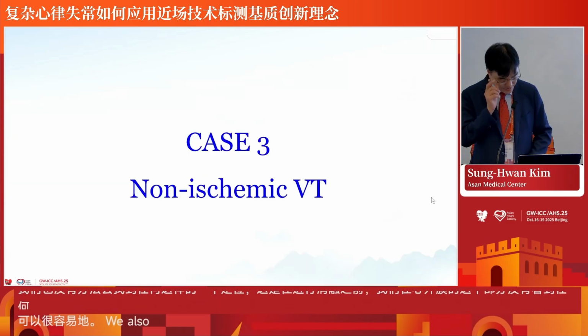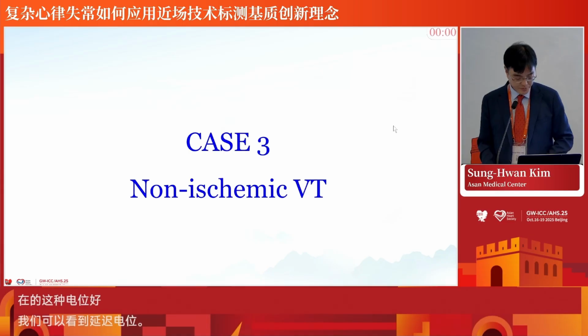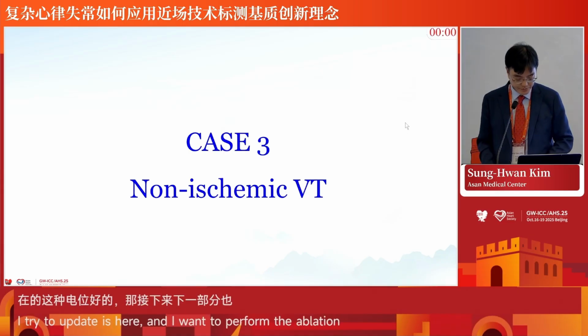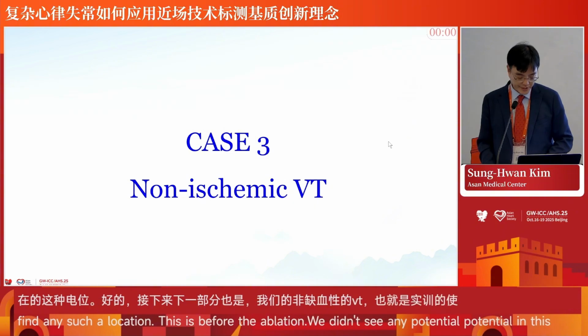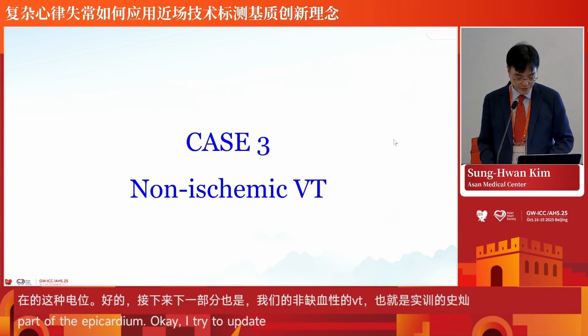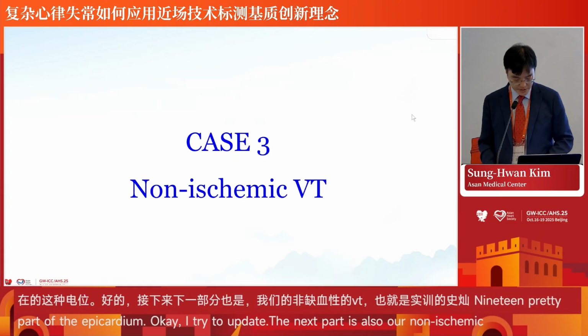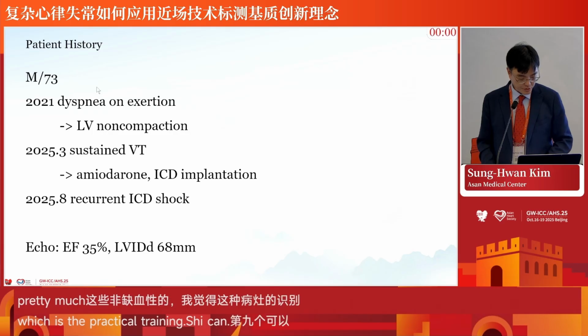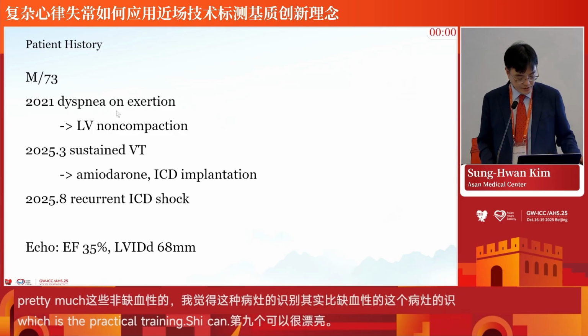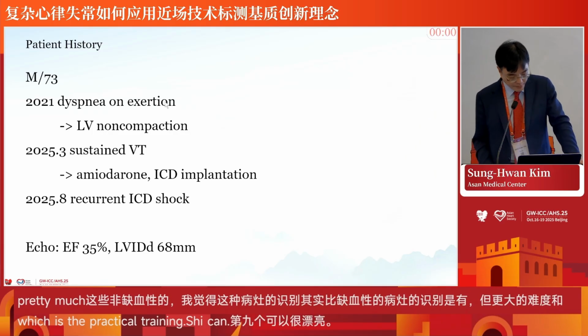The last case is non-ischemic VT. As you may know, VT ablation is much more difficult than AF ablation, and non-ischemic VT is much more difficult than ischemic VT. He is 73 years old. He was diagnosed with left ventricular noncompaction.